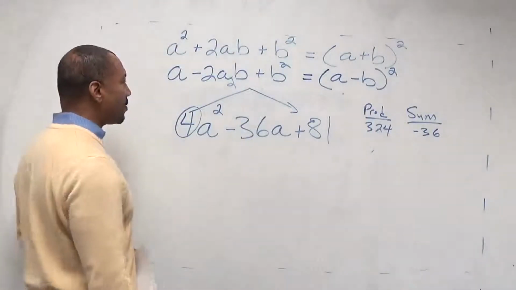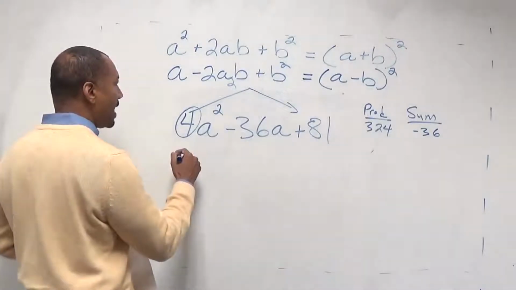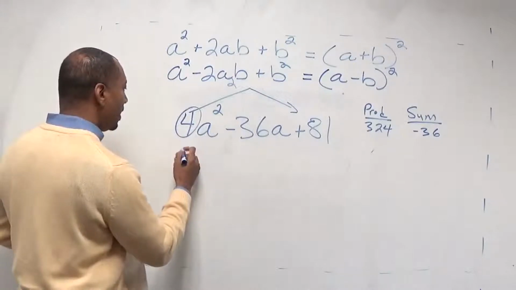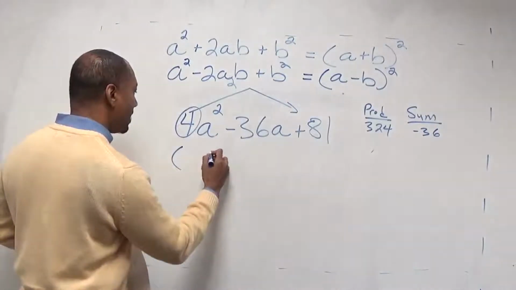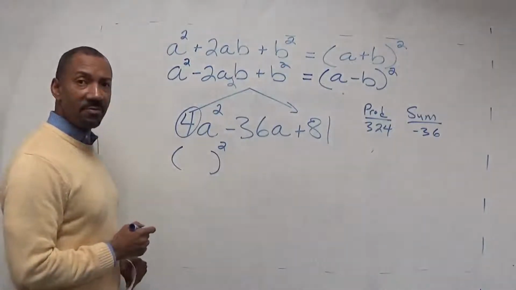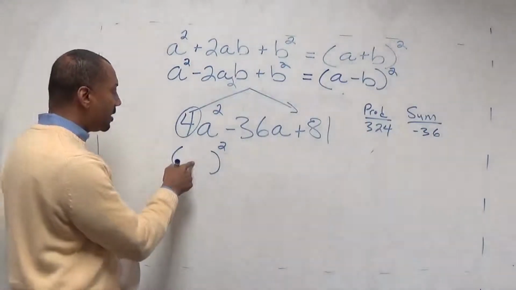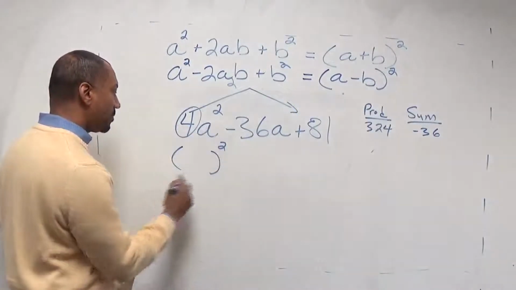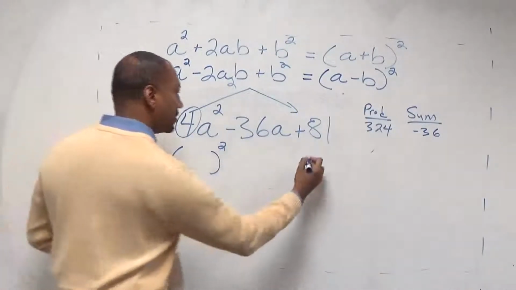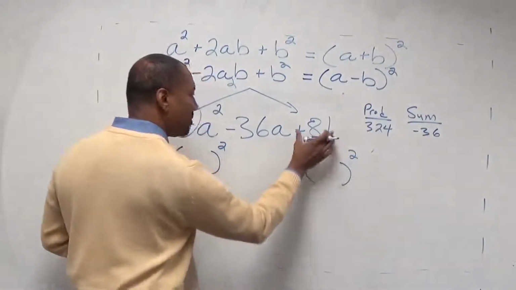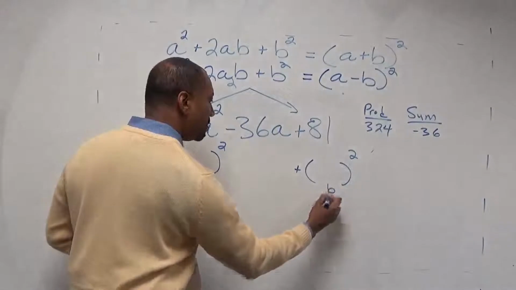So let's see if that works. Under my first term here, I'll get my parentheses going. And like we said in the previous problem, whatever you put in here and square it should give you back 4a squared. That will be your a. And at the end, whatever you put in here to square should give you back 81. That will be your b.